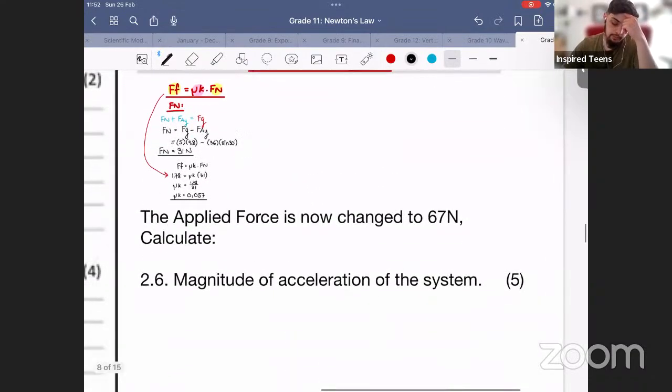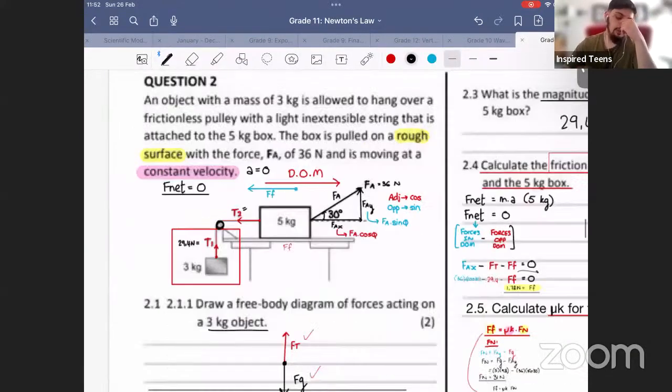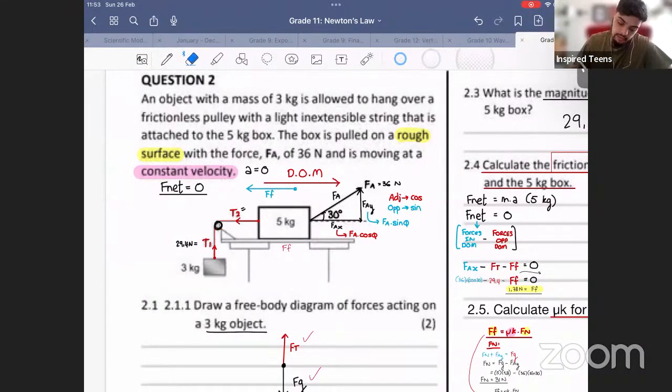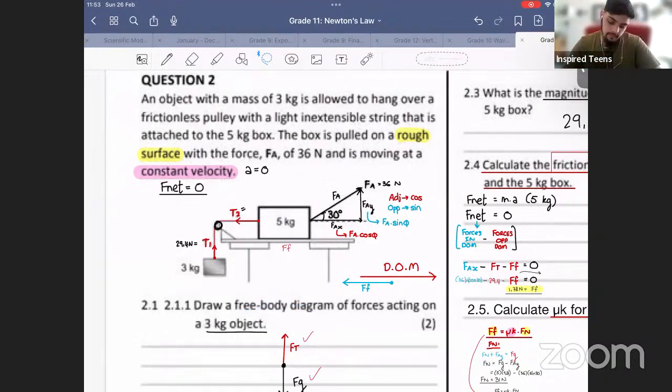Let's just recap. It's a constant velocity question, so F net was equal to 0. We have this 5 kg object with an applied force pulled up to the right. Maybe let's get rid of this so it's not so cluttered. Let's move this down. The applied force is pulling this object up.